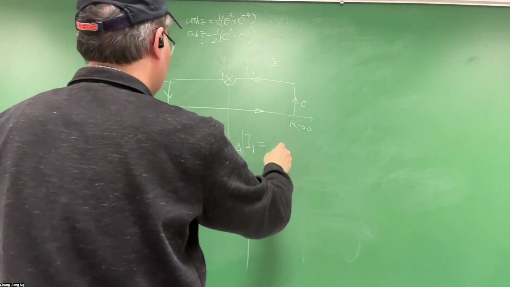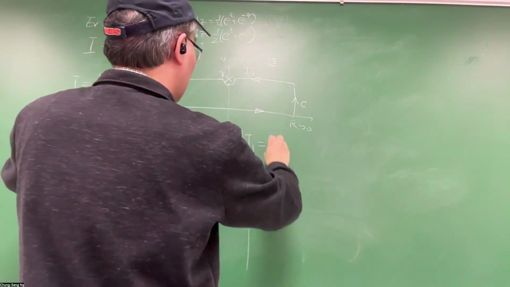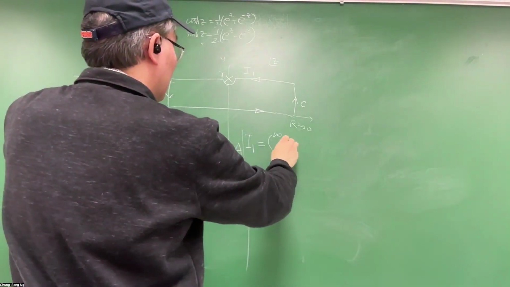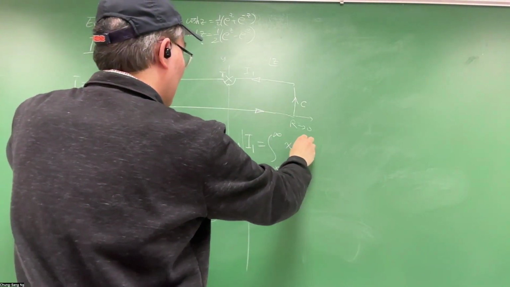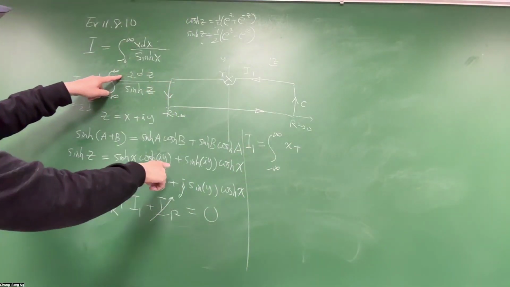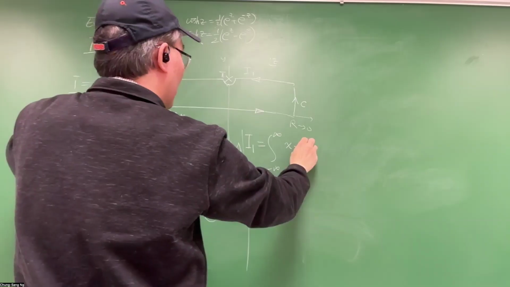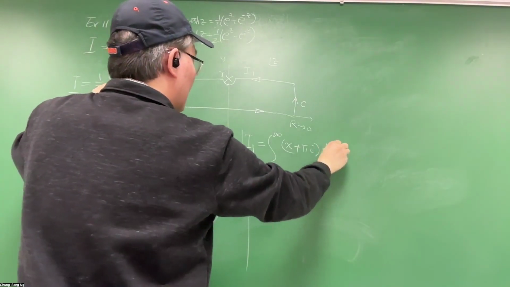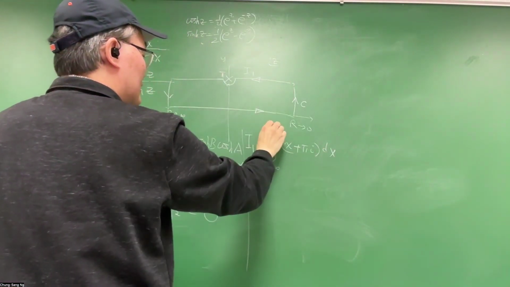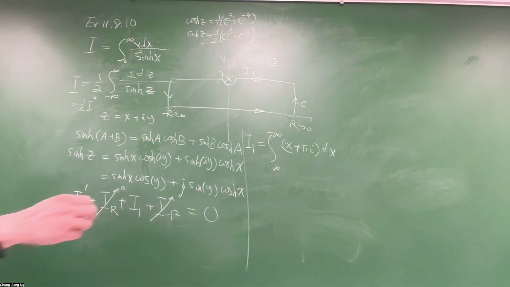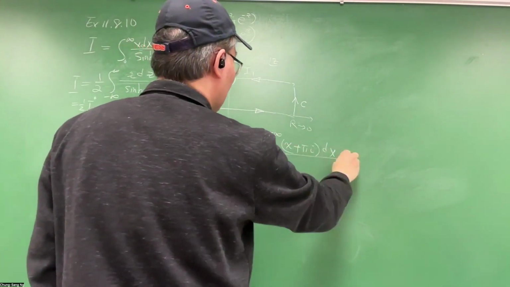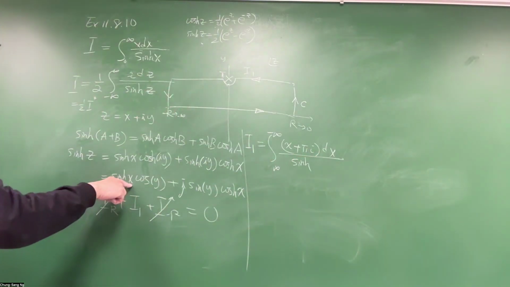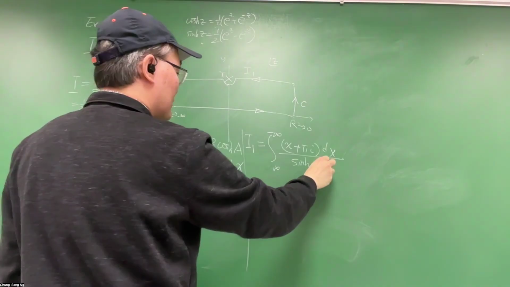I sub one is the integral from minus infinity, with z equal to x plus pi i, and dx actually runs from infinity to negative infinity, divided by sin x multiplied by minus 1.